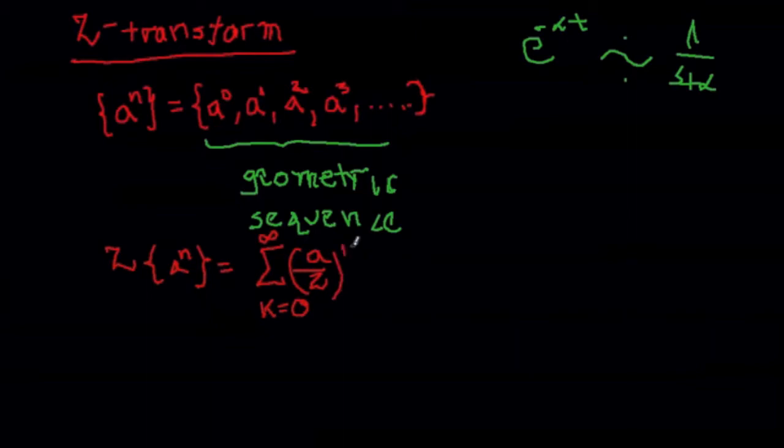This is the canonical expression of the Z transform. It turns out that this becomes 1 over 1 minus a divided by z, such that after simplification this becomes z over z minus a. Okay?